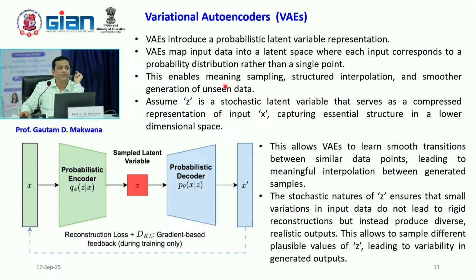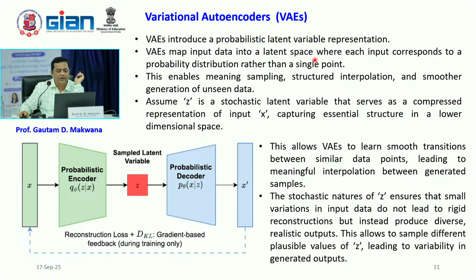So here is the advantage: if you have a latent variable representation of your input data, from this probability distribution we are able to generate unseen data.